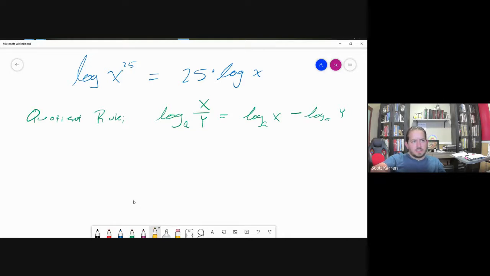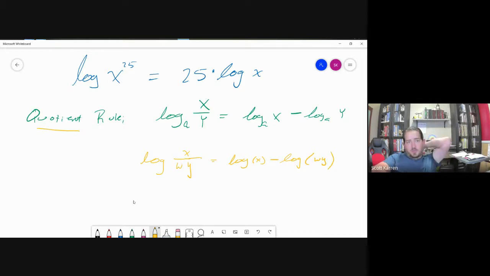And so one of the things that you'll see is a lot of times they'll ask, what's the log of x over wy? Well, if I use this quotient rule, then I have the log of x minus the log of that denominator, which is wy, right?